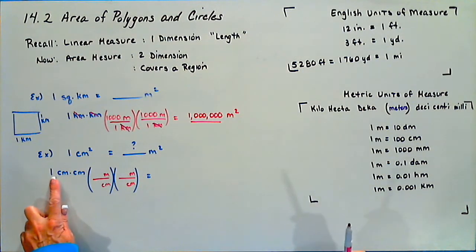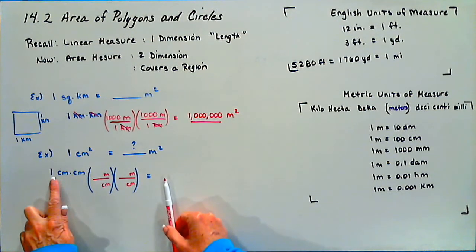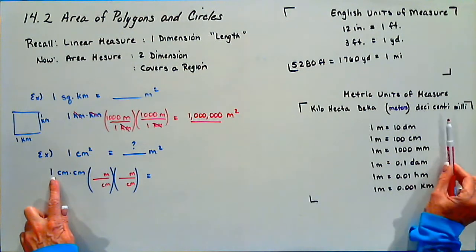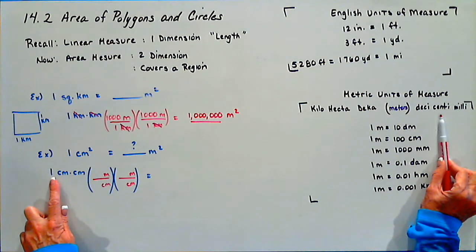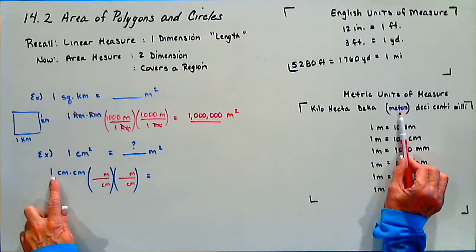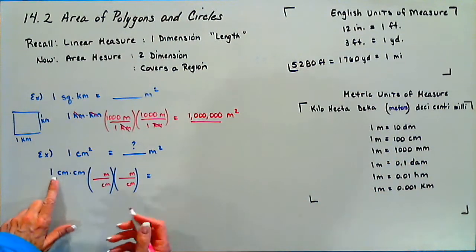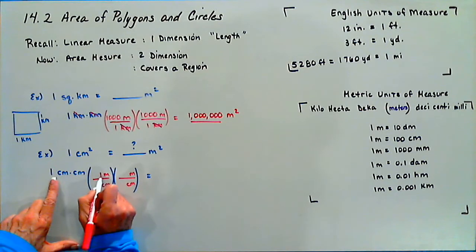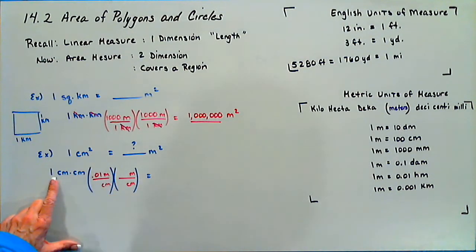So again, 1 centimeter is how many meters? Well, if I start here at 1 centimeter, and I need to go to meters, I need to move my decimal 1, 2 to the left. So this would become 1/100th.